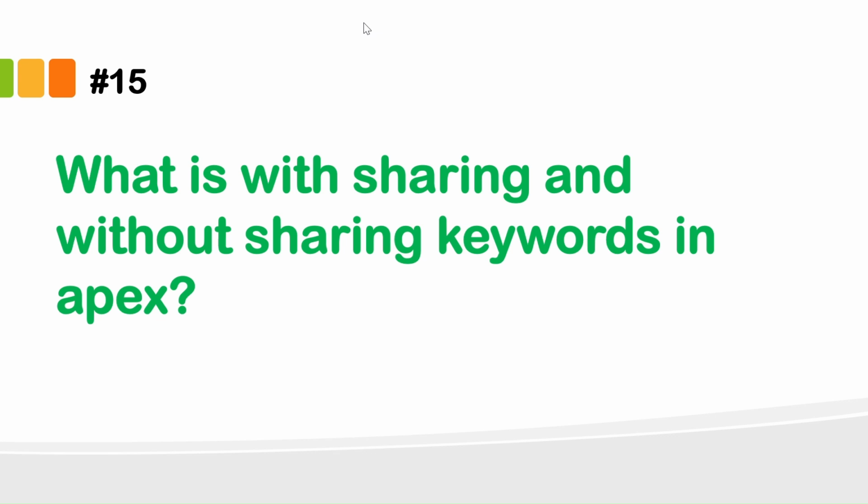In without sharing, by default an Apex class is without sharing. That means the Apex class will run in system context. That means the Apex class will have access to all objects and fields irrespective of the current user's access and sharing rules. So that's all about with sharing and without sharing keywords in Apex.